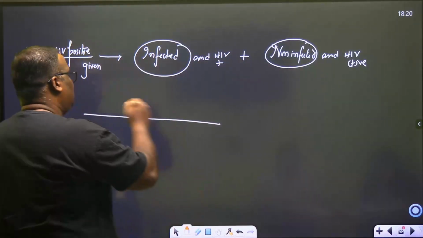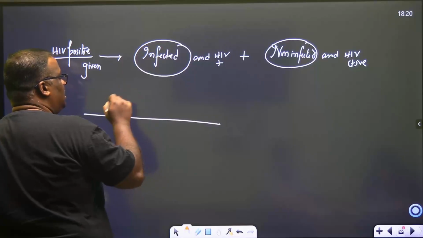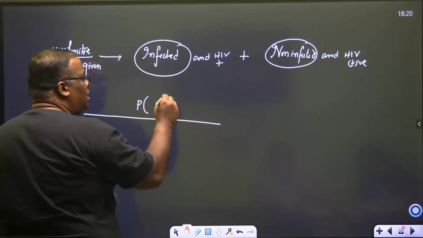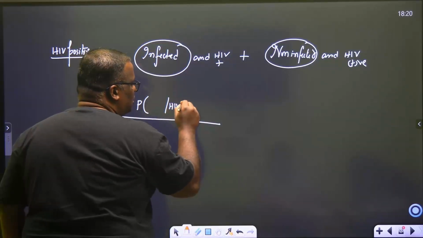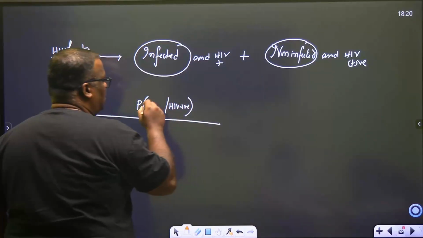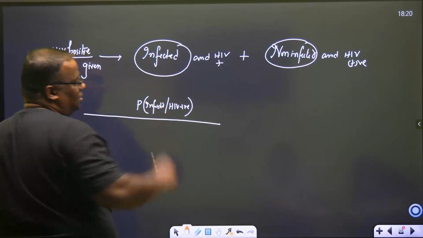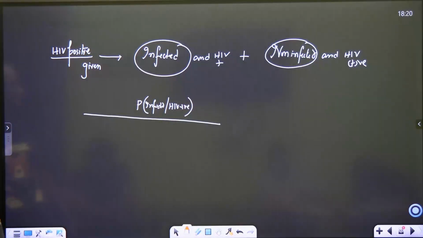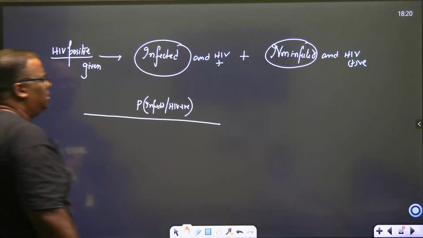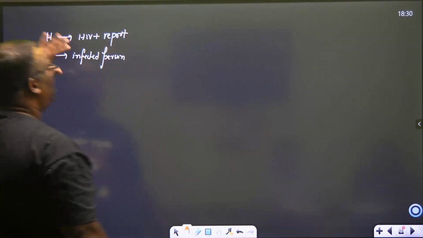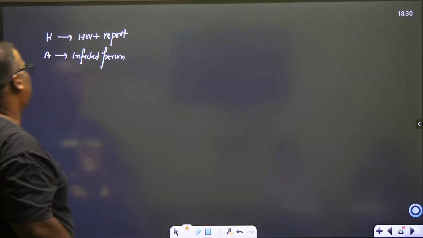So now our given is that we have an HIV positive person. Now that you have selected an HIV positive person, what is the probability that the person is infected? Right? H is an HIV positive report. A is an infected person.